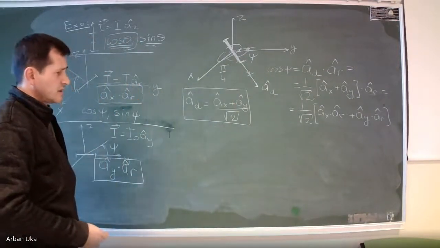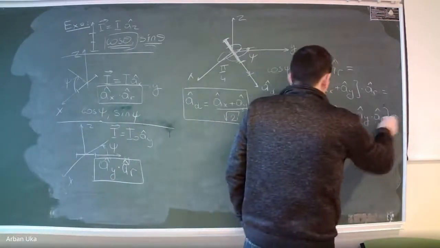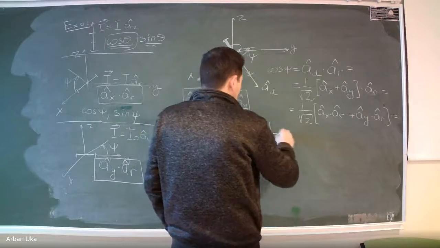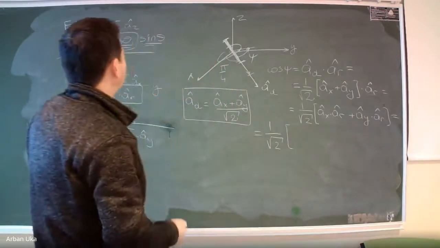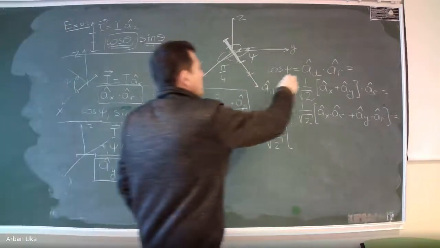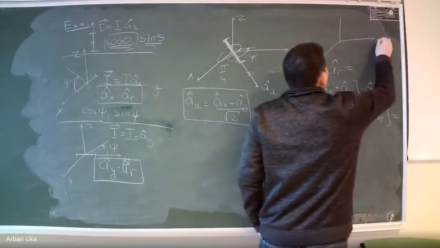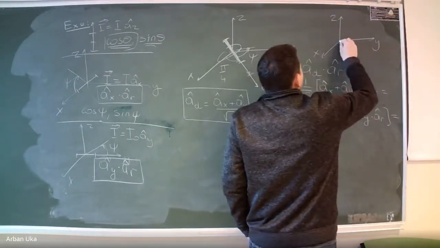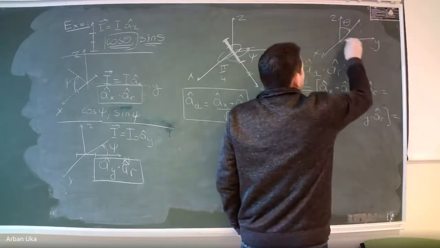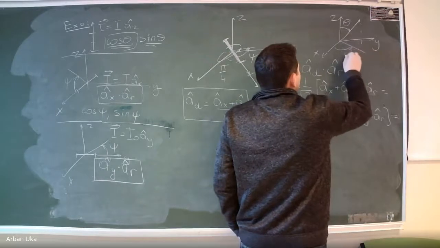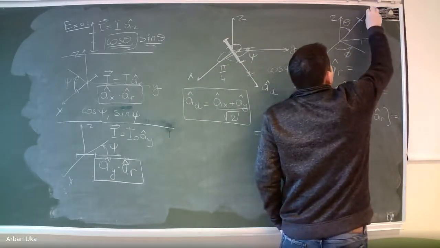Now, what is AX dot product with AR? From last time, or we can also derive this now, AX dot AR, this is the angle theta. It will be projected down here at angle phi, and we have to assume that this is the AR.